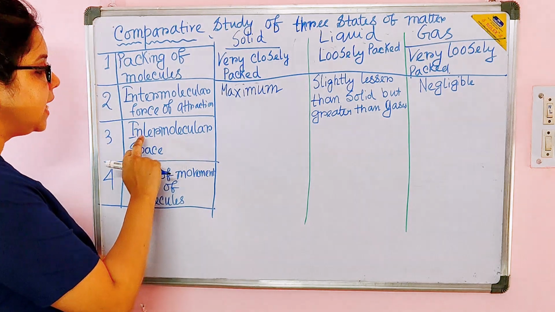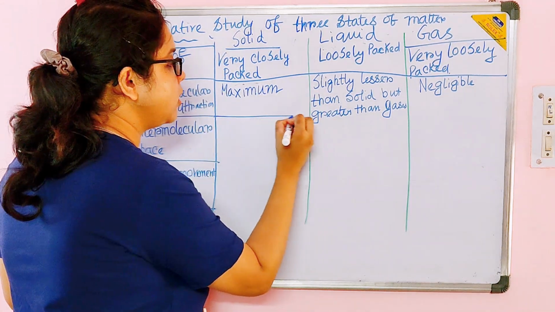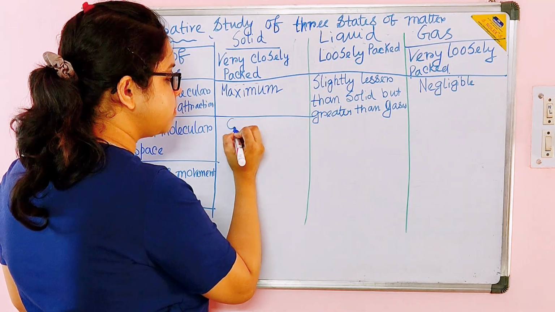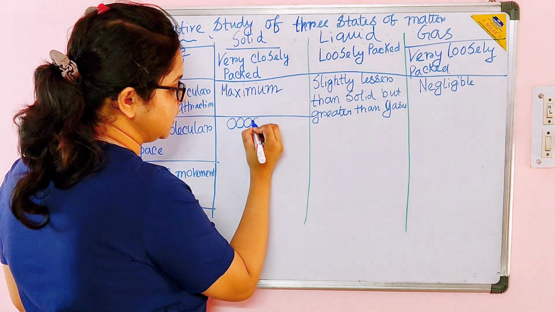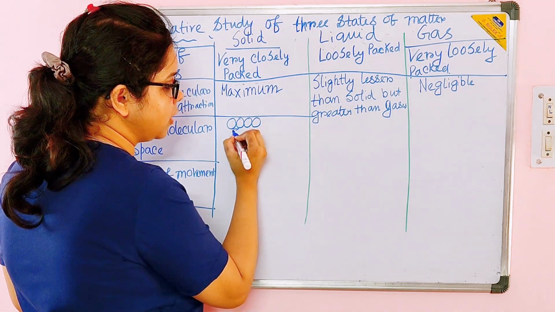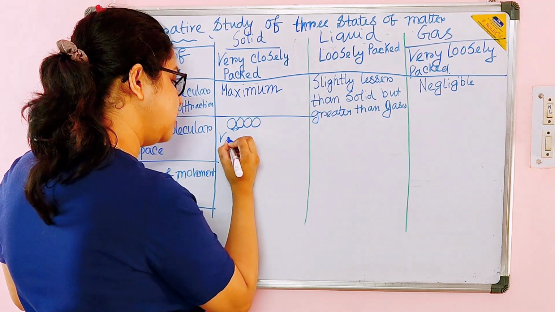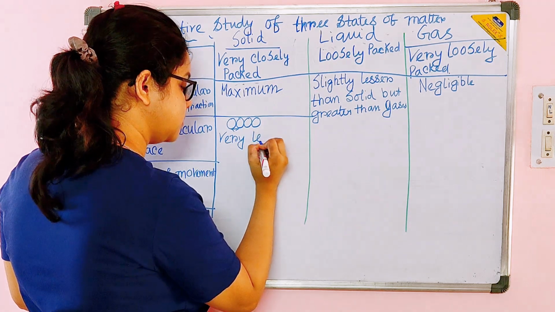Next point is intermolecular spaces. We already know that there is particularly no gap between the molecules in case of solid, so it is very less.